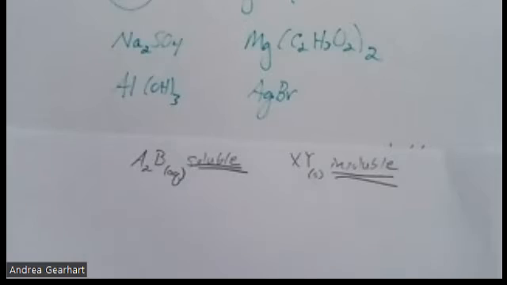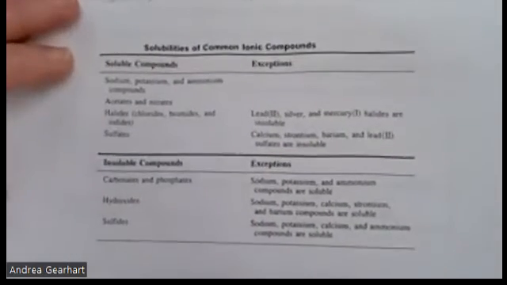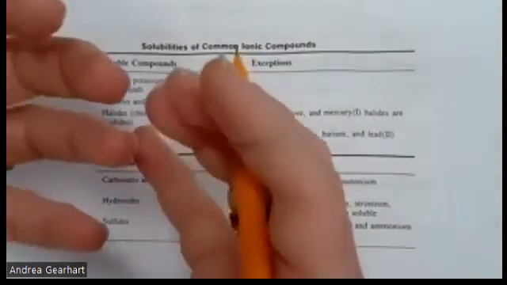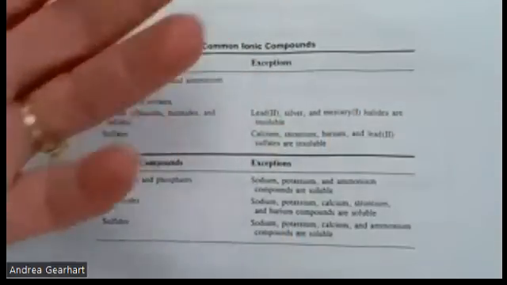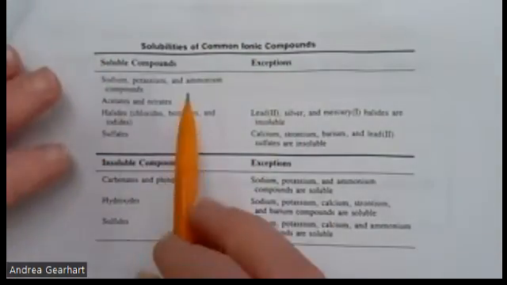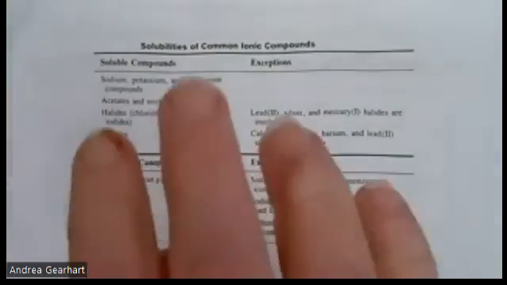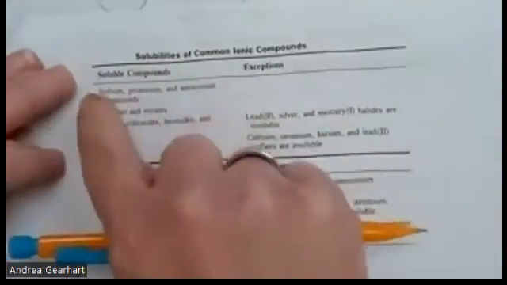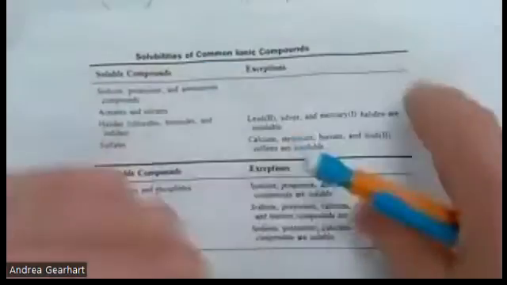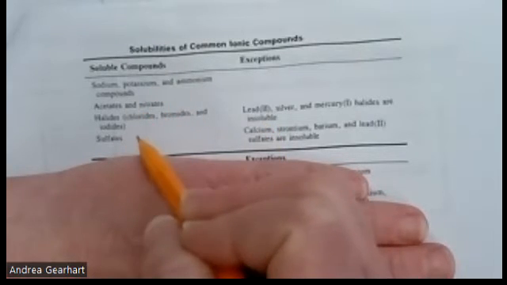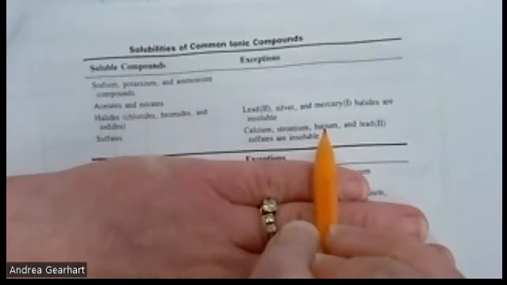All right, so how do we apply this? Well, I would look at the formula and break up the cation and anion in my mind, and then see, do the cation or anion fall in this soluble portion? So here, these are primarily soluble as long as whatever these are bonded with are not an exception.